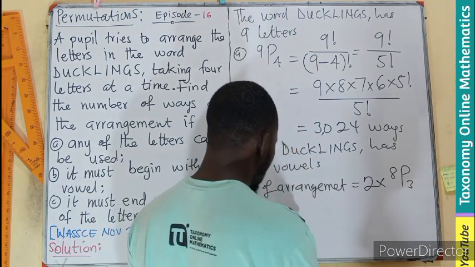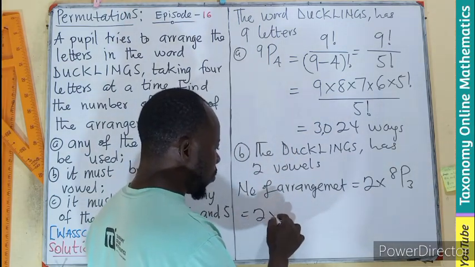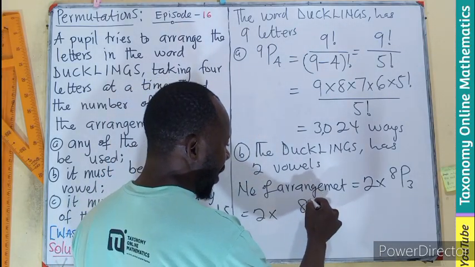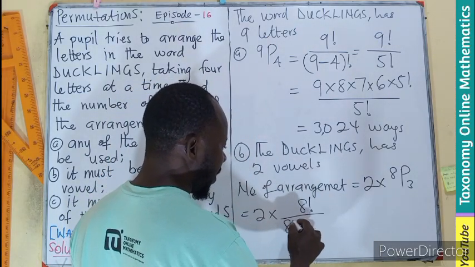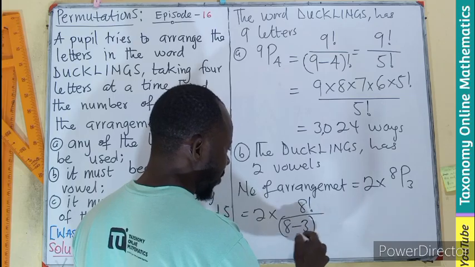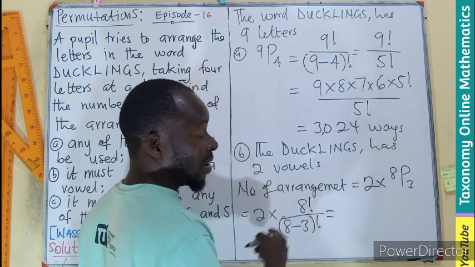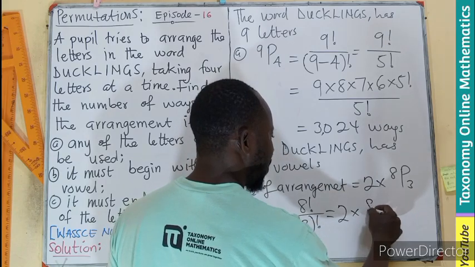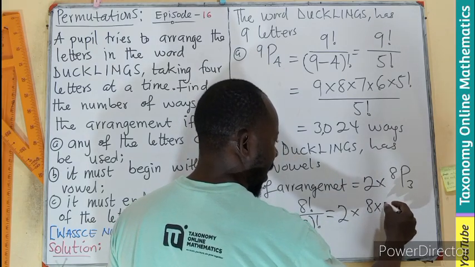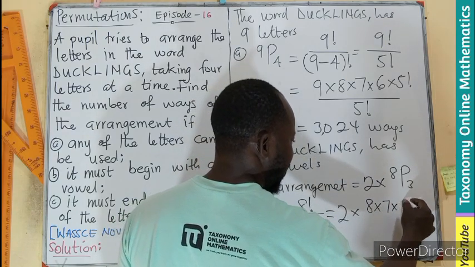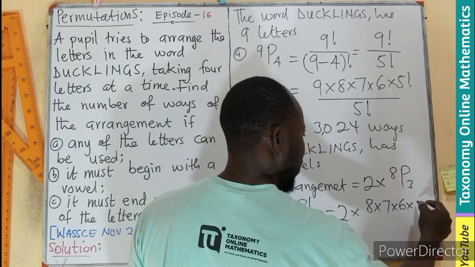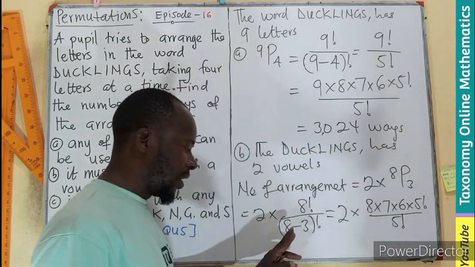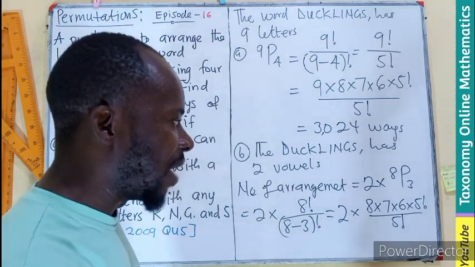So this will give us 2 multiplying 8 permutation 3, that is 8 factorial over (8 minus 3) factorial. So that will give you 2 times 8 times 7 times 6 times 5 factorial divided by 5 factorial, since 8 minus 3 is 5.